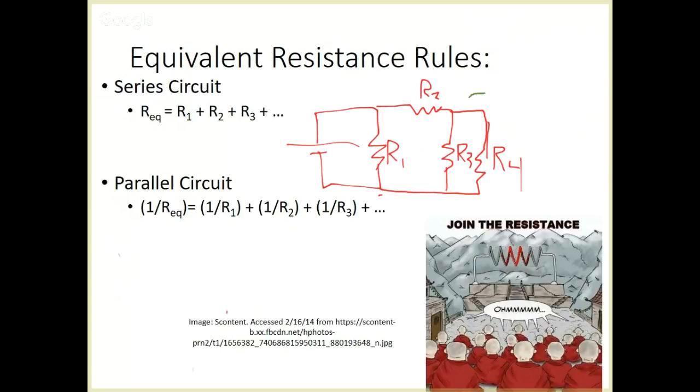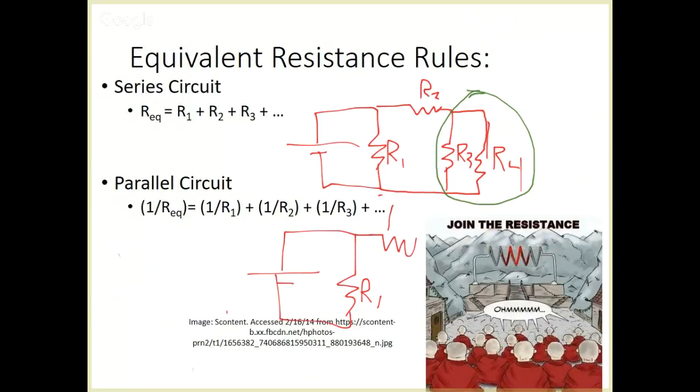So what I would do first is resolve R3 and R4, this parallel bit right here, and break that down into a single resistor. That would then look like this: R2, and then one more resistor, your R3/4.